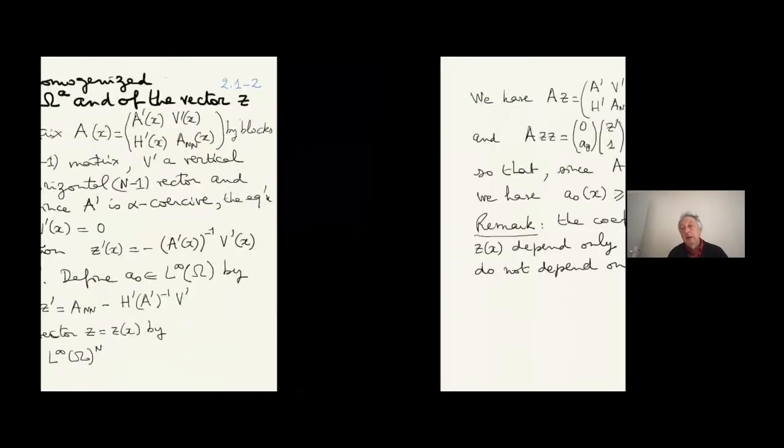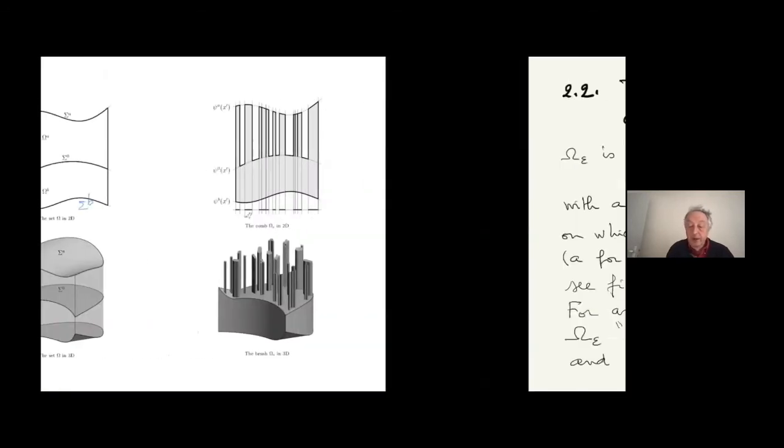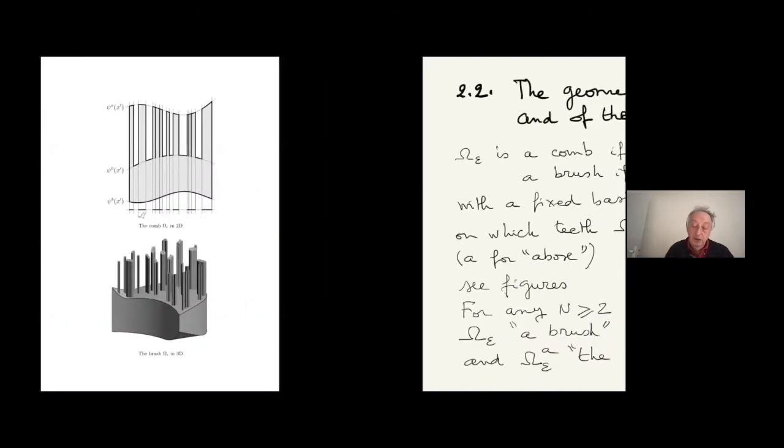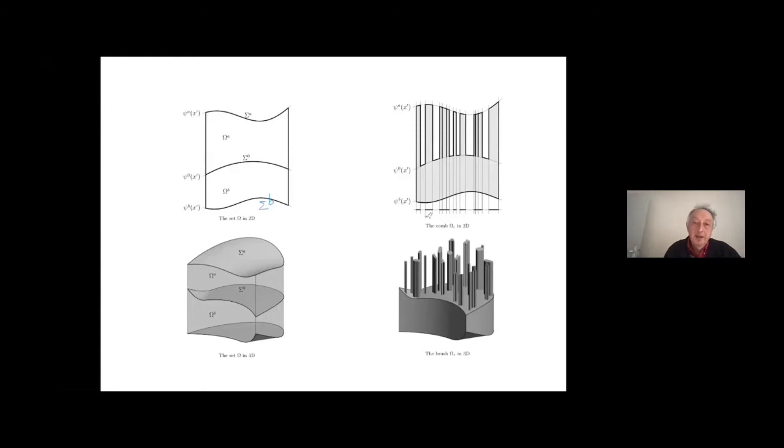And now, remember that we are interested in the partial differential equation in omega epsilon. What is omega epsilon? What is omega? So here you have a picture, due to Olivier Guibet. Thank you, Olivier, for your work.